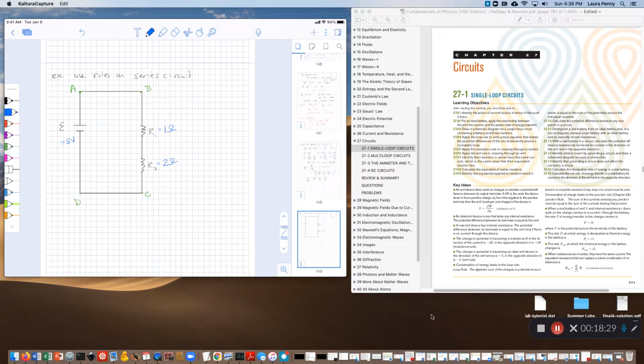In a series circuit, there are no junctions, right? And in fact, the current that goes through 1 is the current that goes through 2. We have our current moving like this. All the current is the same current.